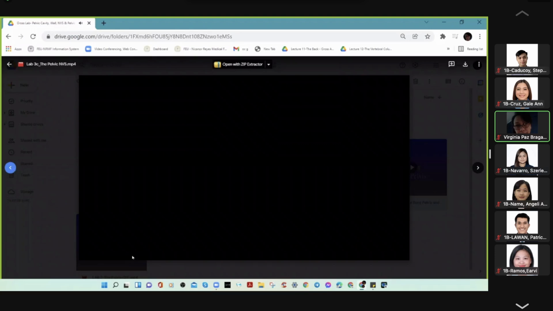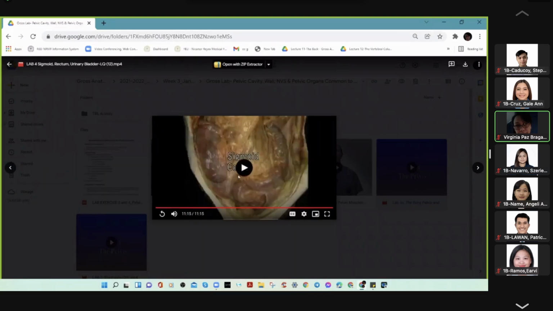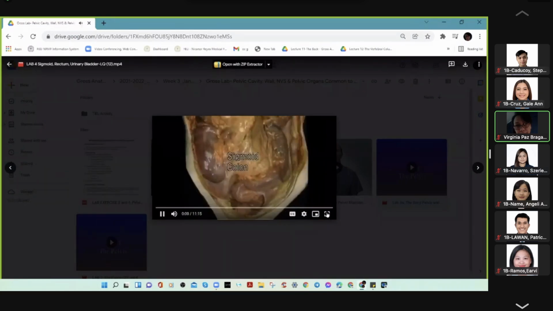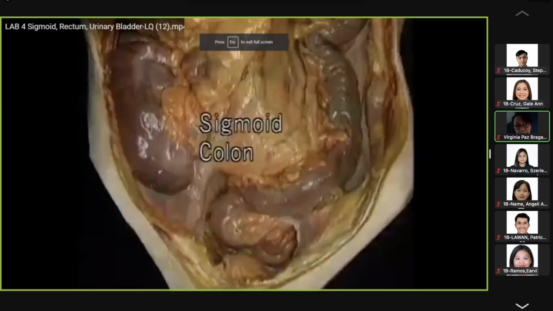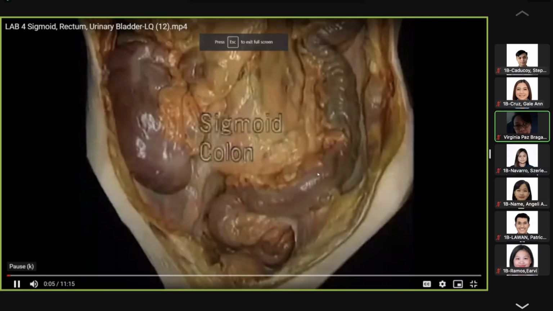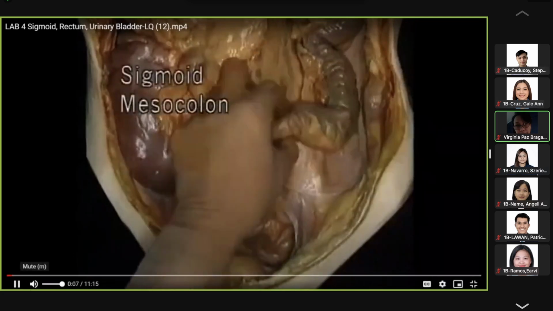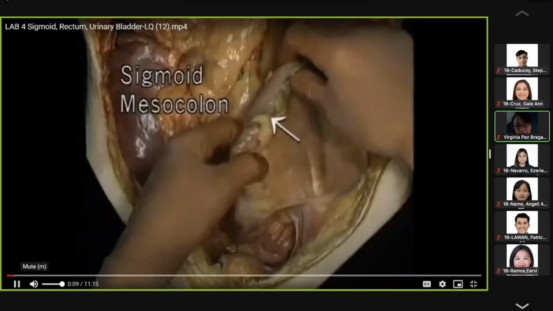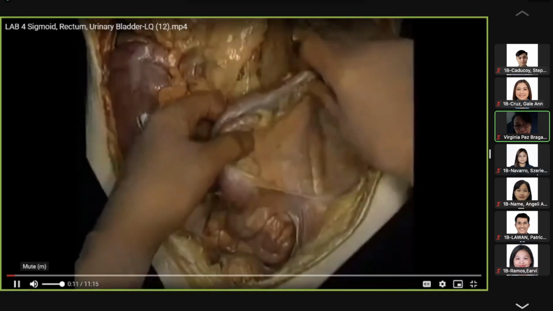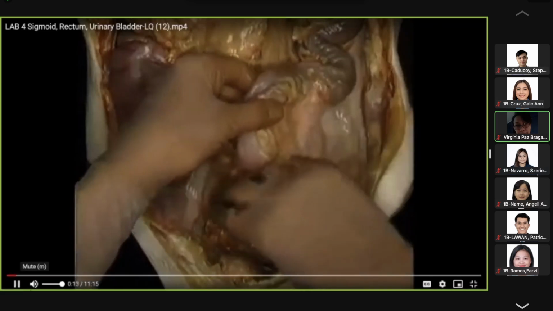That brings us to the end of this section on the pelvis, and also to the end of Volume 3 of the Video Atlas of Human Anatomy. The sigmoid colon forms a large, freely mobile loop that's attached by this double sheet of peritoneum, the sigmoid mesocolon. The sigmoid colon passes down into the pelvic cavity.